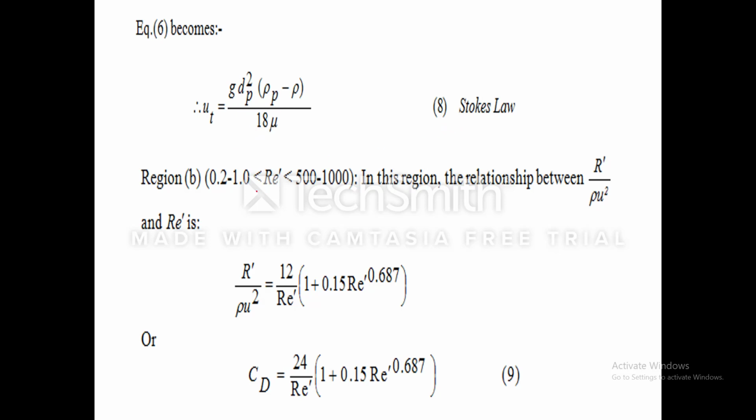Region B: Reynolds number larger than 0.2, less than 500 to 1000. In this region, the relationship between R dash over rho u squared and Reynolds number is R dash over rho u squared equals 12 over Re times (1 plus 0.15 Re to the power 0.687), or this relation.